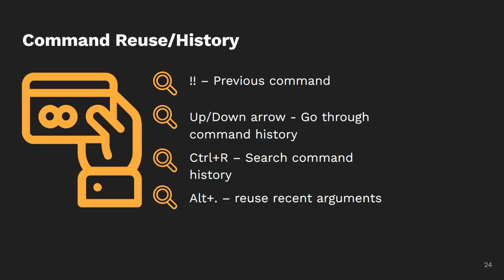The next one is kind of similar to up and down arrow keys, but it's also going to incorporate pattern matching. So if you remember that you ran a certain command some time ago, but it's been a really long time and you just remember a part of it, then what you can do is type in the part that you remember and then press Control-R.